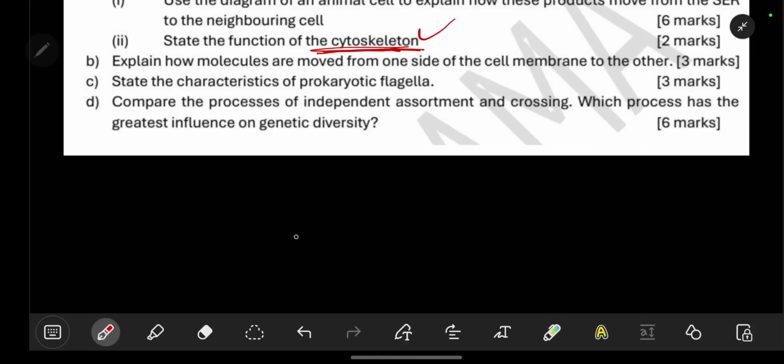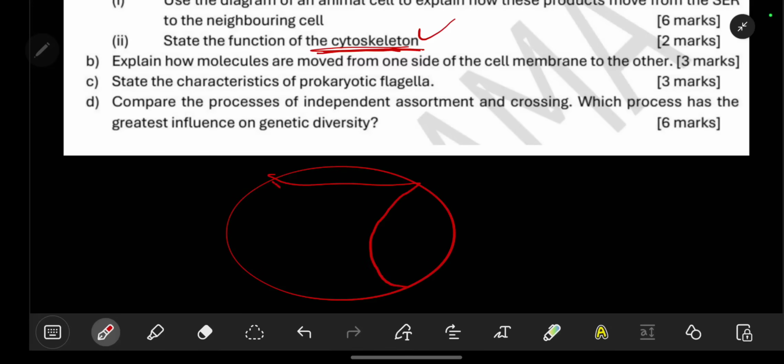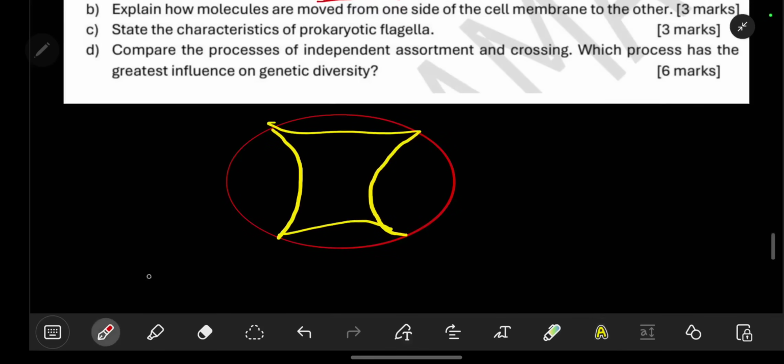Number three, it is used to move the entire cell. So if we have a cell like this, you can just think of the cytoskeleton as, number one, a pillar like that. So this is the cytoskeleton. It offers structural support. That's number one.